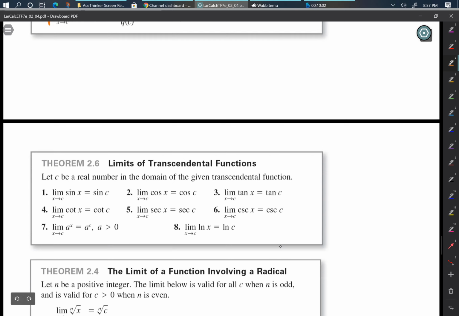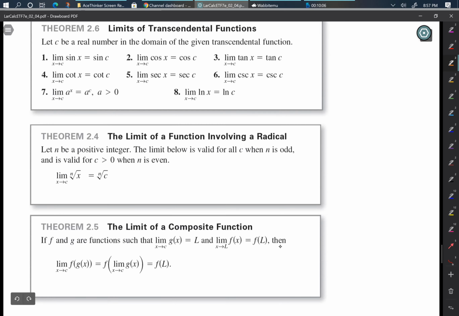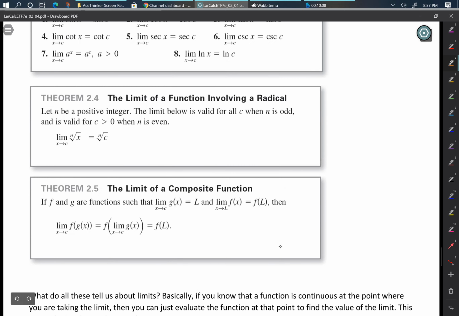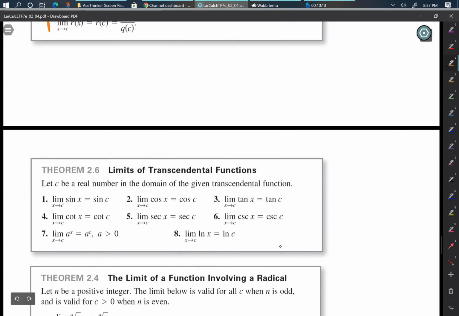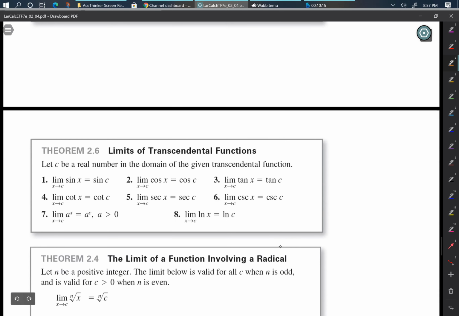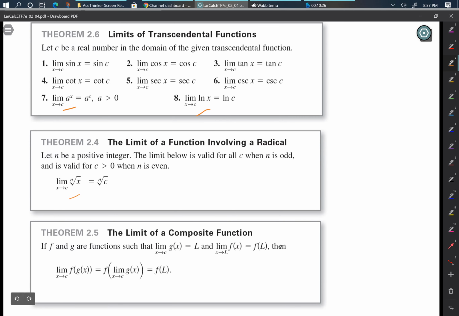Right? We can extend that out to also work for transcendental functions, radical functions, and composite functions. So anytime we see any of these types of functions, polynomials, rationals, trig of any kind, exponentials, logarithmics, roots for which they're defined, and composite functions that work for continuity, we can take limits by simply doing direct substitution.